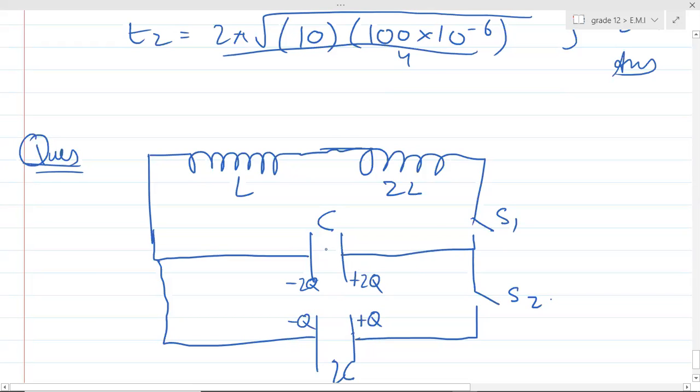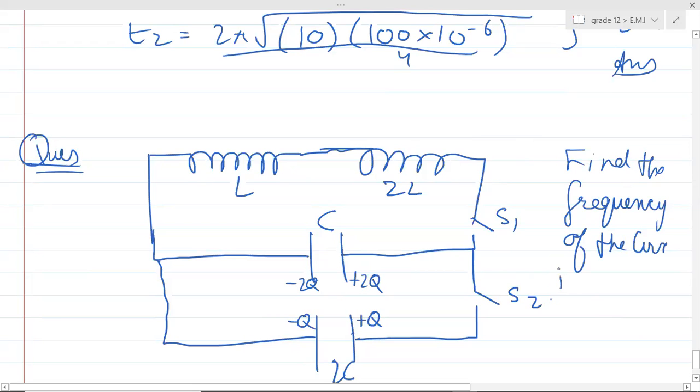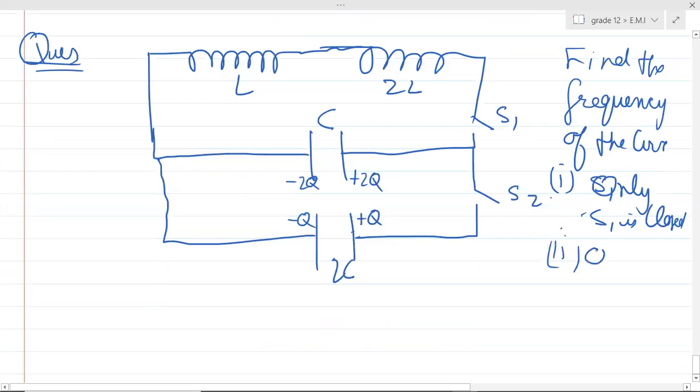You need to find the frequency of the circuit: first when only S1 is closed, second when only S2 is closed, and third when both S1 and S2 are closed.